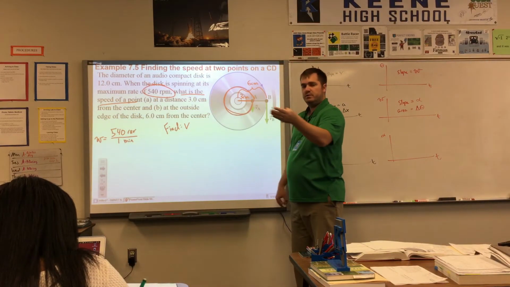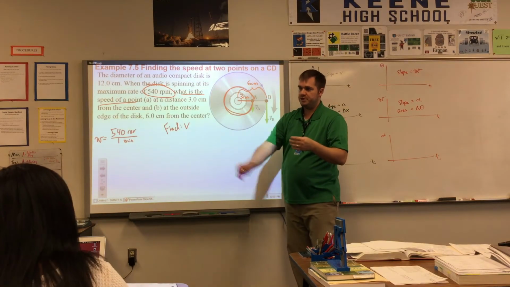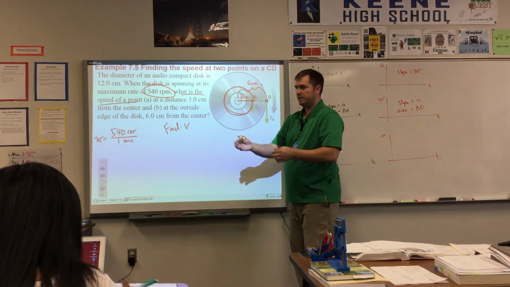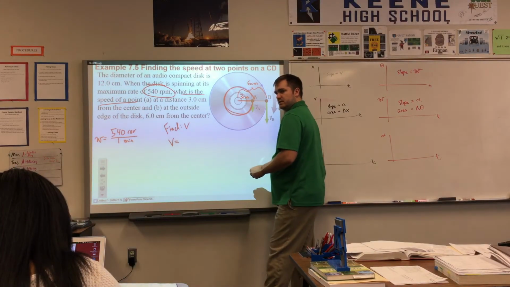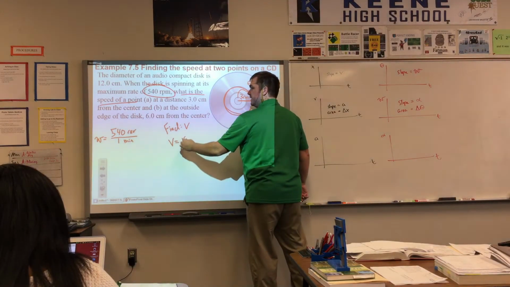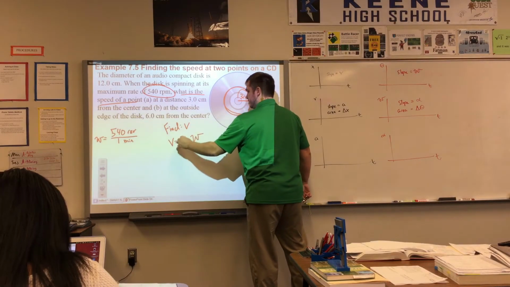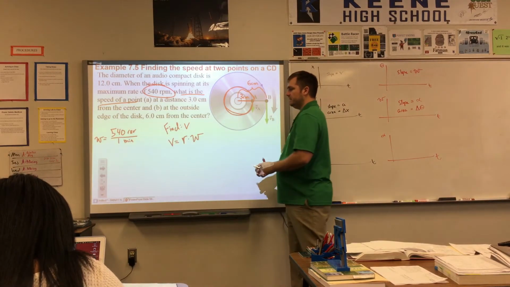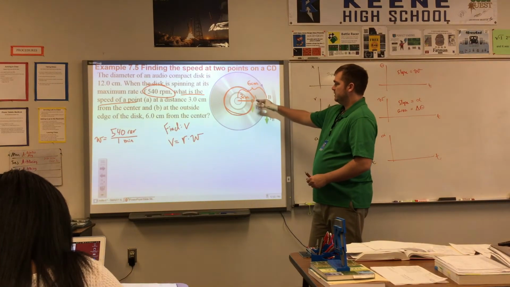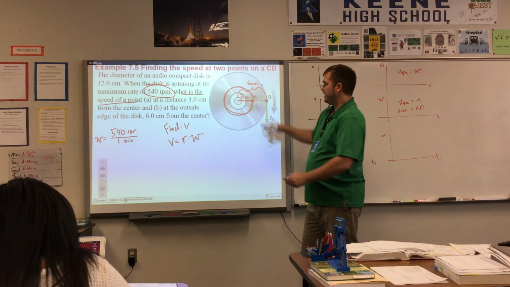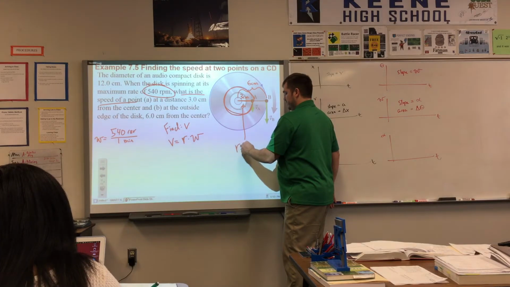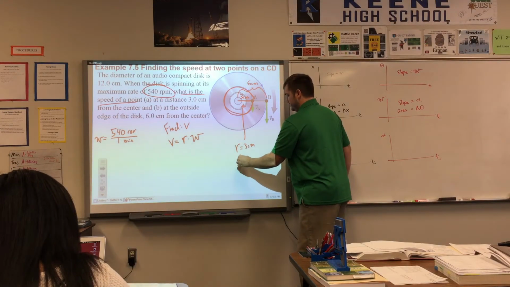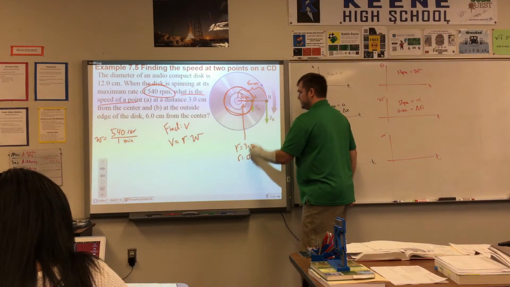Now you remember the formula that connected rotational motion with linear velocity? That formula is v equals r times omega. So for point A, the radius is 3 centimeters, which is 0.03 meters.